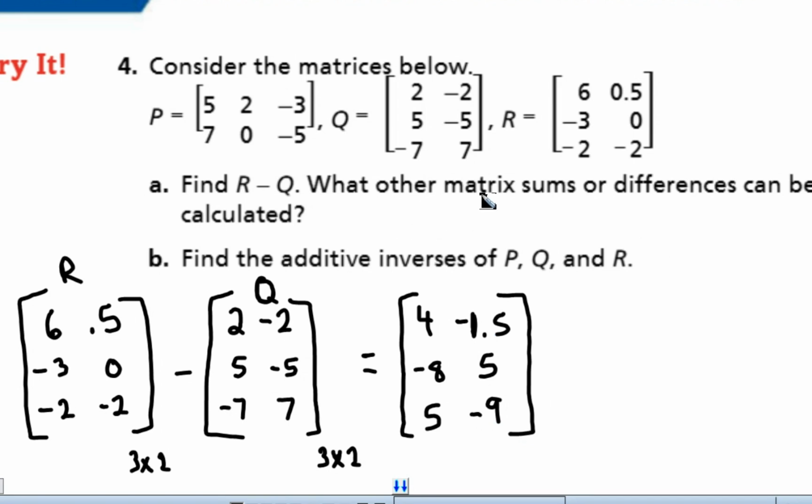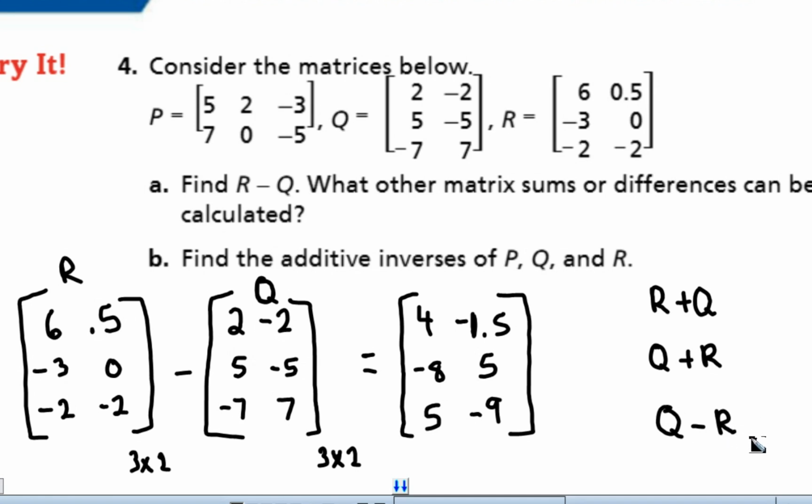Okay. Then it asks, what other matrix sums or differences could you find? Well, I could do R plus Q. And then I could do Q plus R. And you say, well, you don't have to write that twice. Absolutely, you have to in this case. Could we do Q minus R?